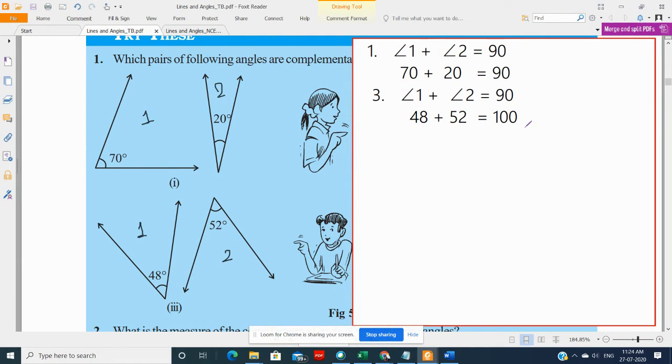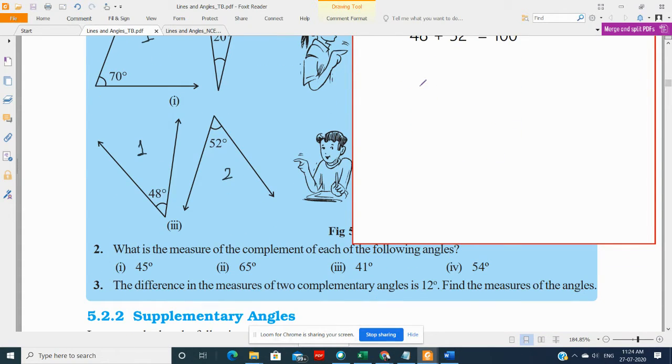And for this reason, we can say that these two angles are not complementary to each other, or this pair is not a complementary pair. So this is how you can solve this type of sums. Now let's go to the next one. Let me write down here that this is not complementary and this is complementary.